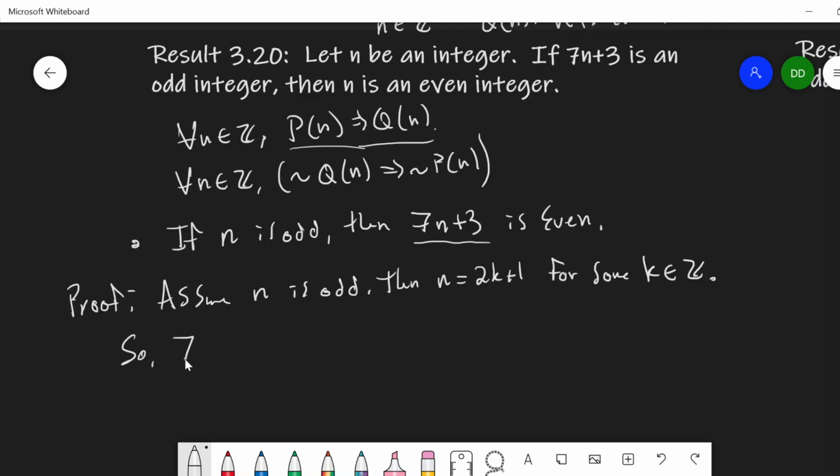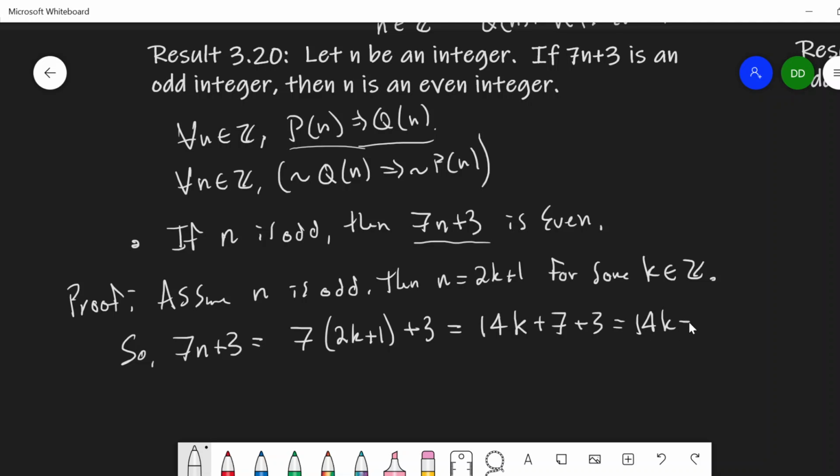So 7n plus 3 is 7 times 2k plus 1, plus 3. And doing some algebra, that gives me 14k plus 7 plus 3. So that's 14k plus 10. And remember, we want to show that this is even.